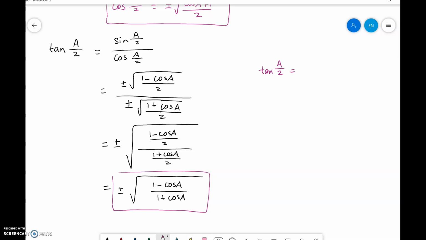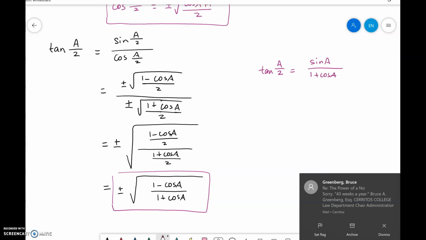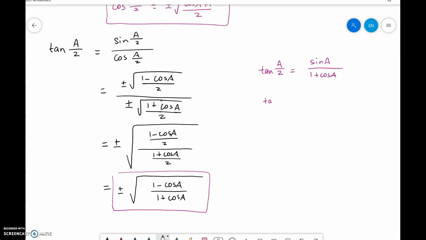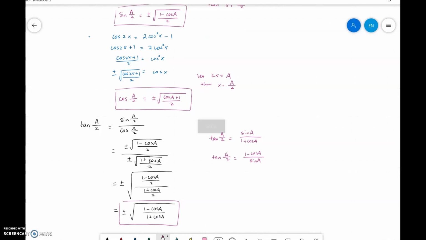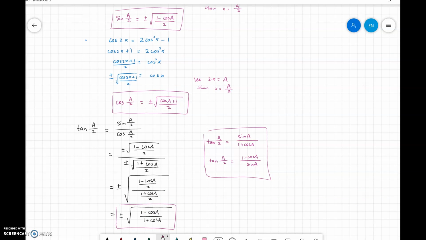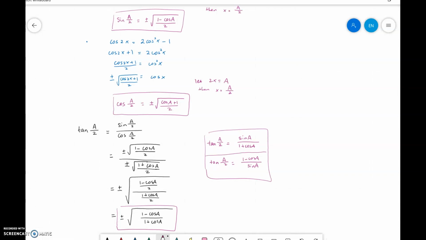I'm not going to derive further. The first one is plus or minus the square root of 1 minus cosine of A over 1 plus cosine of A. The second one is sine of A over 1 plus cosine of A. The last one is 1 minus cosine of A over sine of A. Overall, those are the 5 formulas we're going to talk about in the half angle formulas.